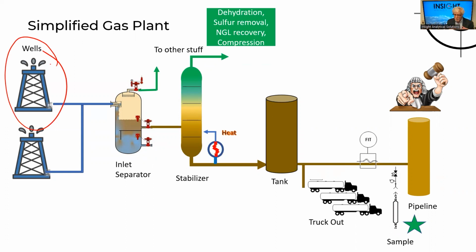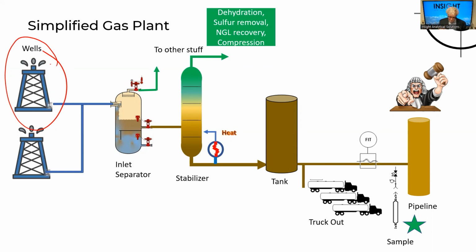If we're talking about natural gas production, these are probably referred to as gas wells, but really the fluid that's coming in isn't a gas. It's often three-phase, almost four-phase: sand, dirt, clay, water, some liquid hydrocarbons, and then some gas-phase hydrocarbons.